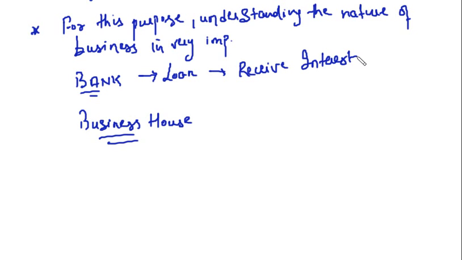And receiving interest is routine for them. If they are advancing the loans in routine, then they will be receiving interest, isn't it? Advancing loans is a routine activity for the bank, and receiving interest on that loan is a routine income for the bank, routine cash flow, right?